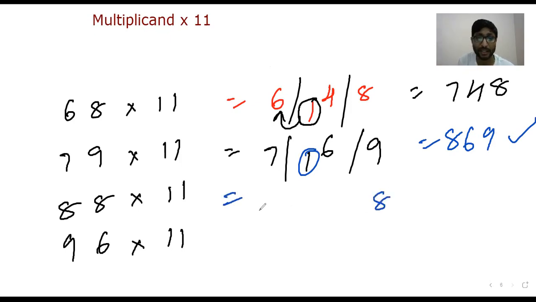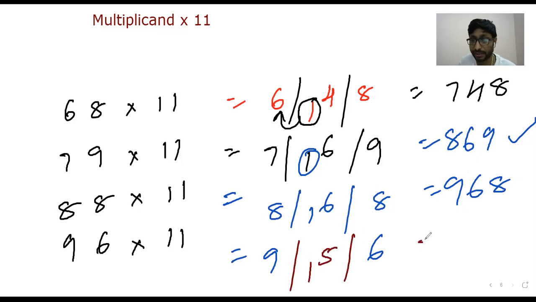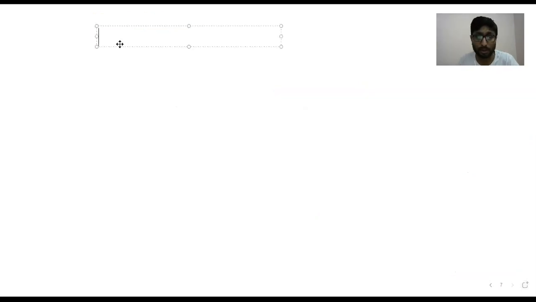So write the 8 as the last digit. 8 plus 8 is 16. 6, 1 is a carry number. 8, 6, 9 is the answer. 9, 6, 9 plus 6, 15. 5, 1 is a carry number. 10 is the answer. And you don't need to always write 2 steps. We can solve it in one step also.